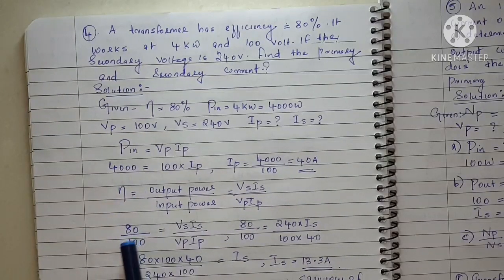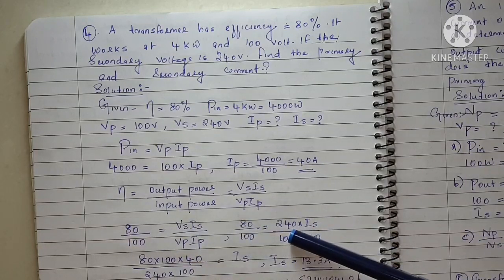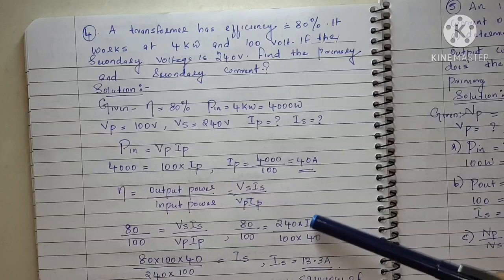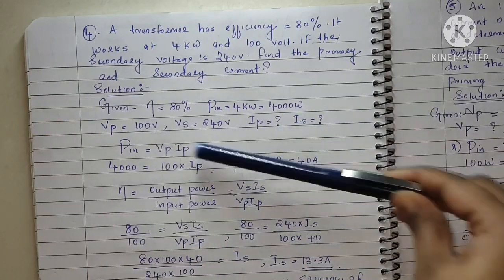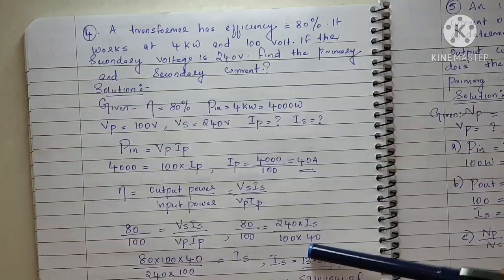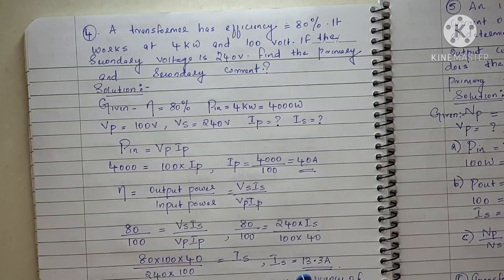Efficiency is given 80%. Percentage means 80 by 100 equal to Vs Is by Vp Ip. That is Vs is 240, Is is, we need to find out Is, by Vp is 100, Ip is 40. So Is will get it as 13.3 amps.